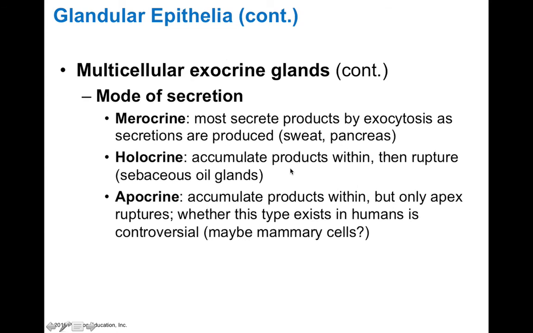Holocrine is basically where the entire cell will accumulate the secretory product and the entire cell ruptures, and that becomes the secretion. Apocrine is basically where the apical surface of the cell ruptures, but the rest of the cell is maintained and intact. And this seems to be present in mammary glands.